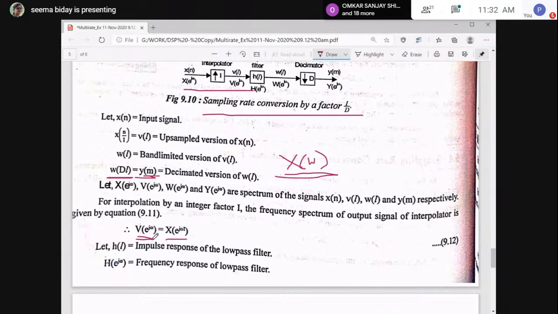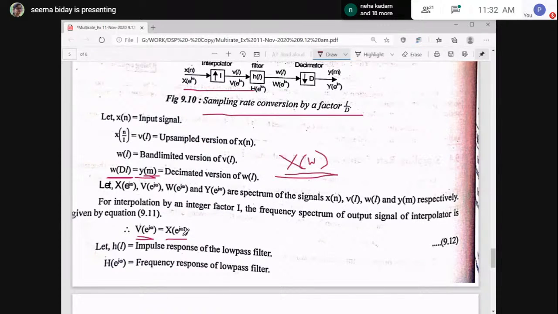What is the effect in the frequency domain? We have seen that for the interpolator, if the input is X of z, the output Y of z is X of z raised to I. Simply replace z by z raised to I. Or if you take the Fourier transform, e to the power j omega is replaced by e to the power j omega into I. That is the effect of the interpolator in the frequency domain. The derivation we have seen last time.